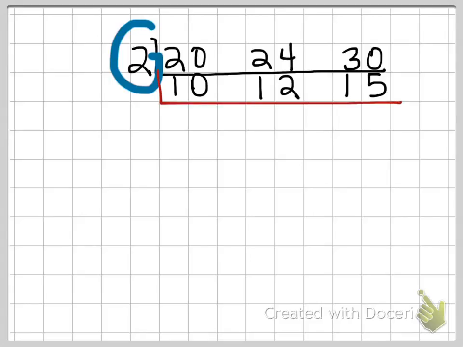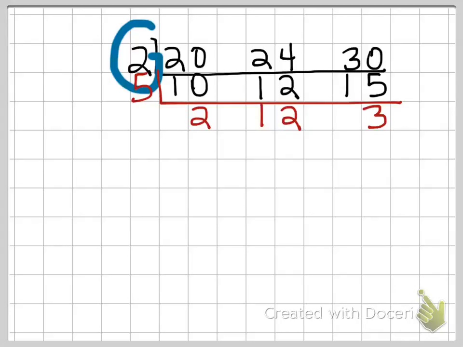It doesn't matter which one I start with, as long as I pick something that 2 of these multiples share. In this instance, I'm going to work with 5. 10 divided by 5 is 2. I can't do anything with the 12, so I'm just going to rewrite it. 15 divided by 5 is 3. Now, is there something else we can do with this? And there is. In this instance, I can take the 2 out for 2 and 12, or I can take out a 3 between 12 and 3.